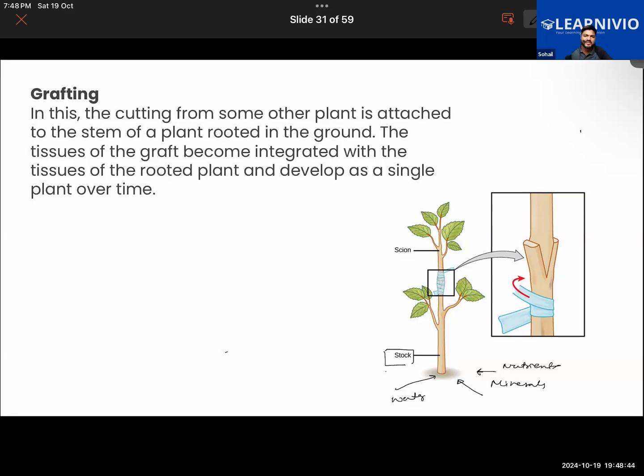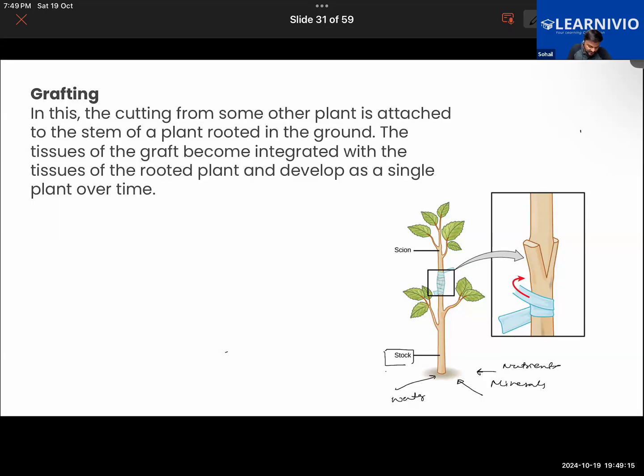Meaning, for example, the new plant that will be growing now. Let's suppose that we have taken two plants here. Let's say we are taking the example of mango, let's say. The stalk is good in the sense that its water absorption capacity is very good. It's a really good absorber of water. But the fruits that it bears are not of very high quality.